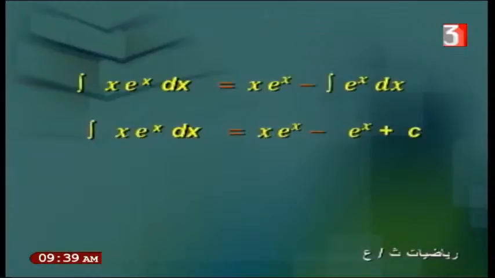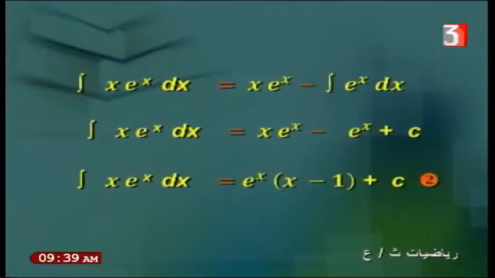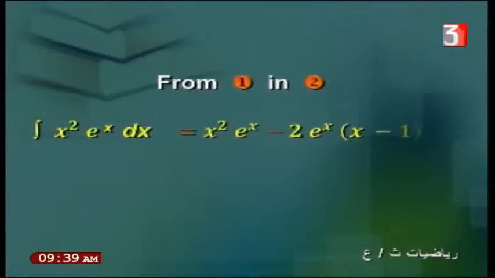Then from the second equation and the first equation, integration of x^2 e^x dx equals x^2 times e^x minus 2 e^x times (x minus 1) plus c.